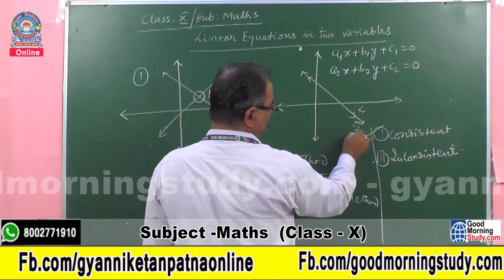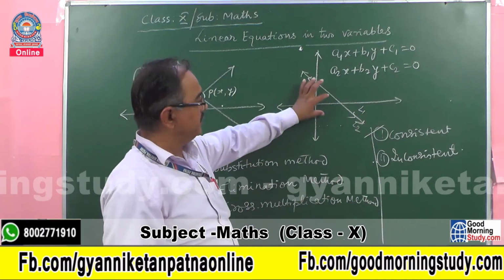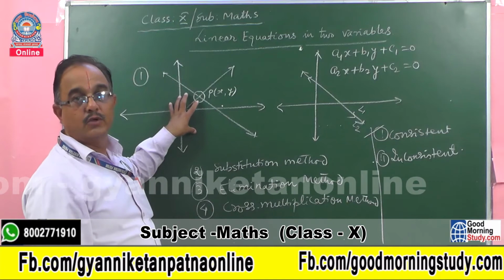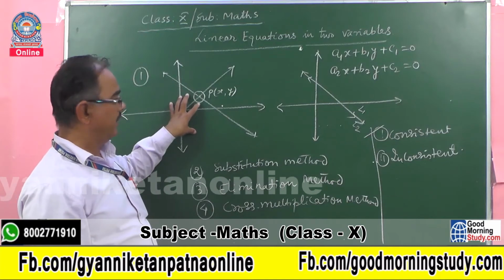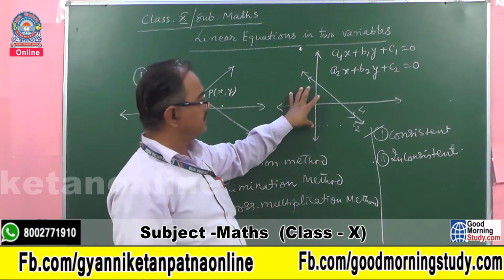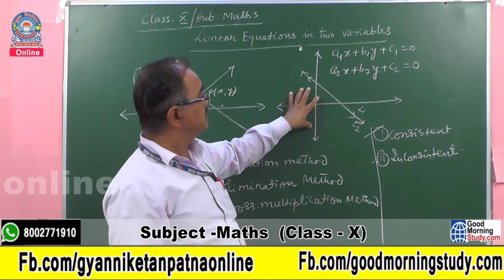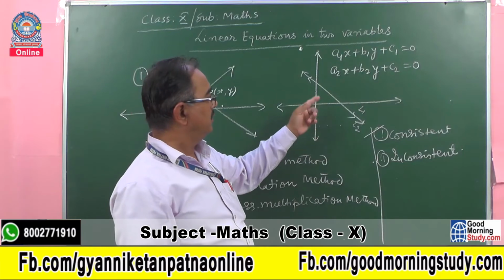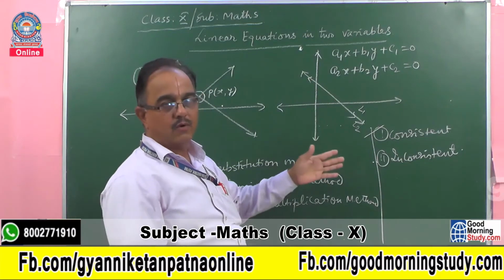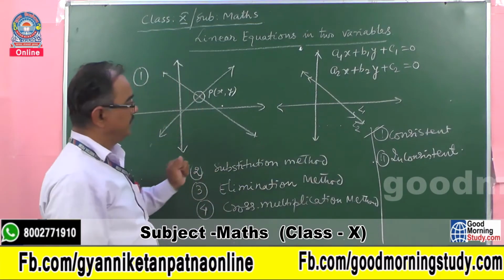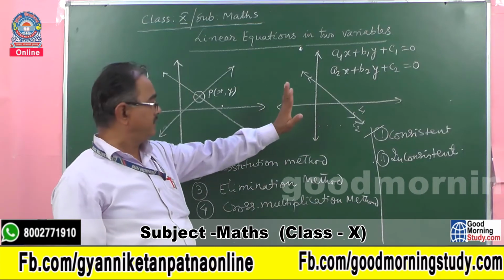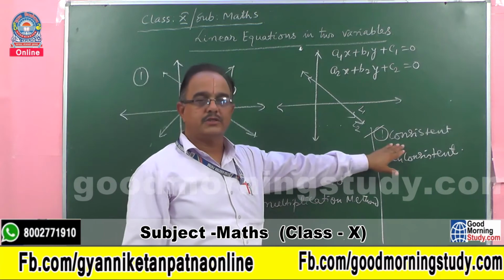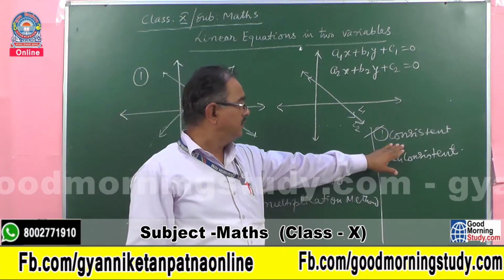L1 and L2 both overlap each other. So in the first case, the system of equations has a unique solution, one solution, and in the second case, the system of equations has infinitely many solutions, because the graph lines have overlapped each other. They intersect each other at so many points. In both cases, the systems are said to be consistent, right?